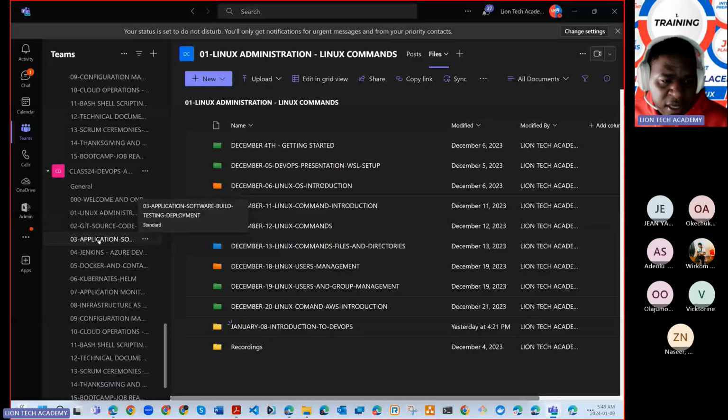Depending on the language of the application, the tools are chosen based on what? Based on the language of the application.